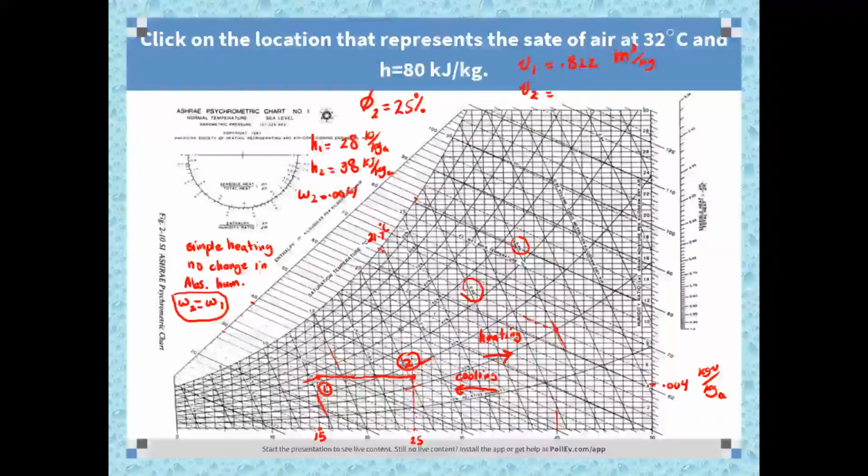And what is V2? Somewhere near 0.85. Yes, 0.85 it is. Let's say 0.85, or something around that value.